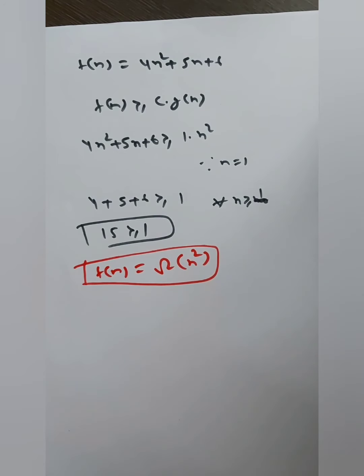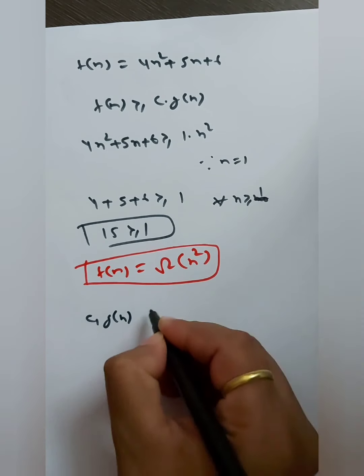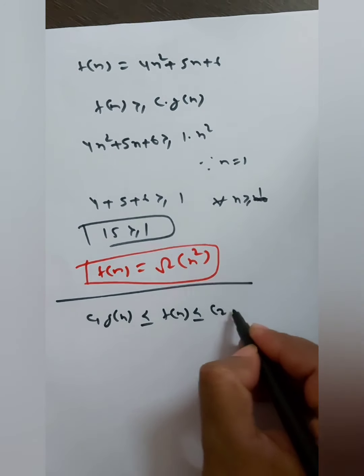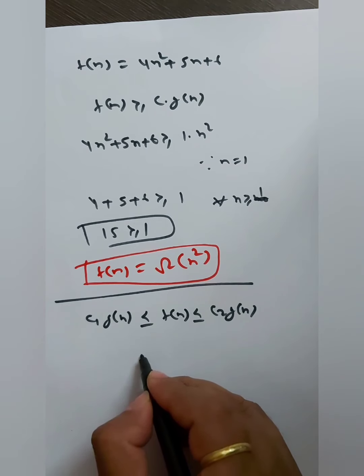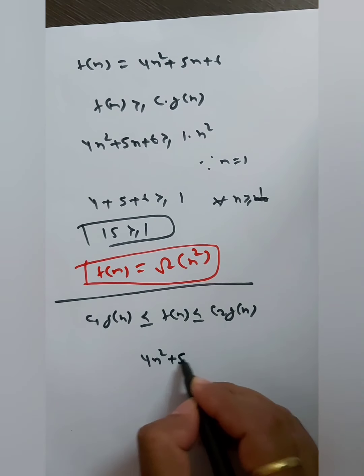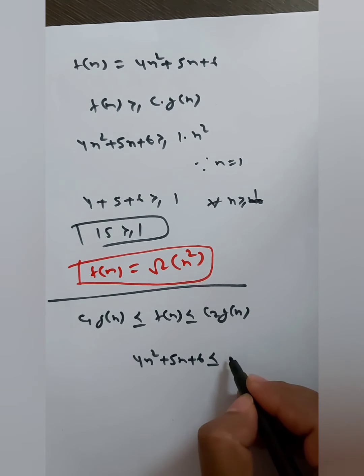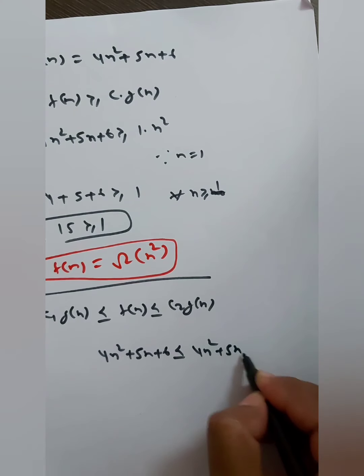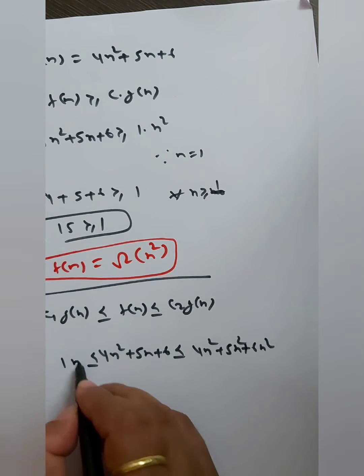And the same example is used for the theta notation. c1 g(n) is less than or equal to f(n) less than or equal to c2 g(n), right? So f(n) = 4n square + 5n + 6 is less than or equal to c2 g(n), meaning 4n square + 5n square + 6n square.